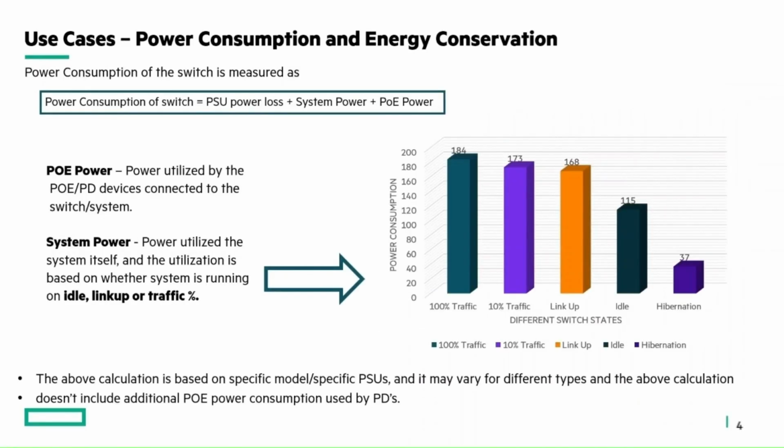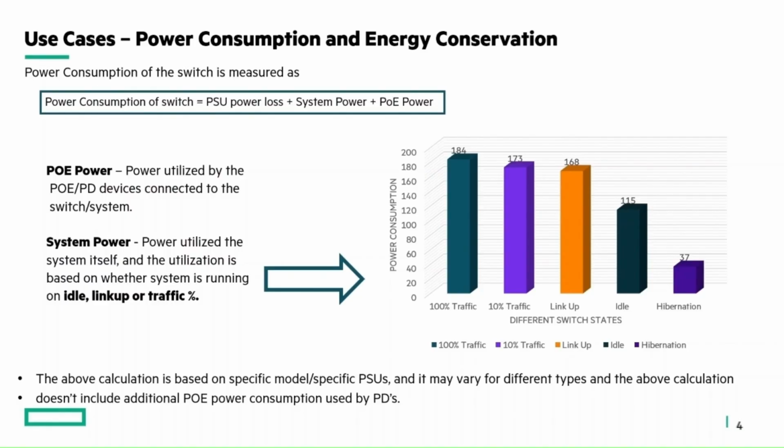Let's have a look at the power consumption and energy conservation. Power consumption of the switch is measured as the sum of the PSU power loss, system power, and PoE power. PoE power is the direct power utilized by the PD or PoE devices connected to the switch.